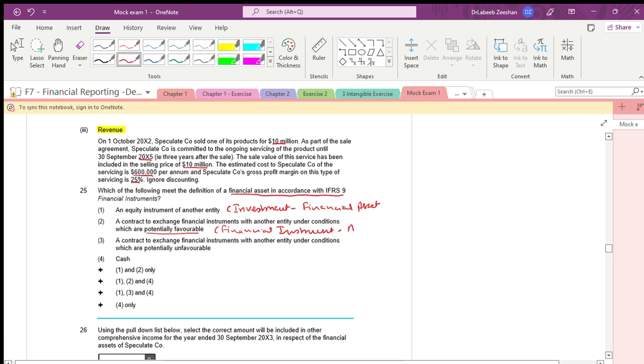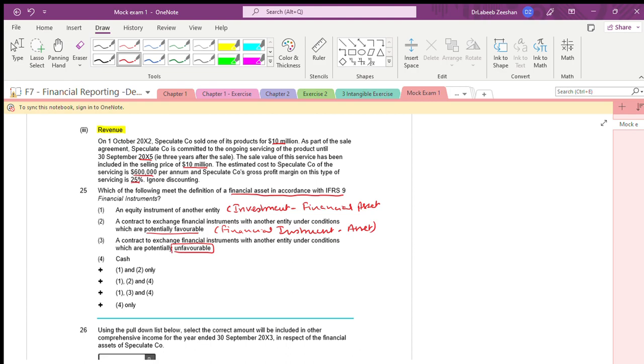Is it an asset? A contract to exchange financial instruments with another entity under conditions which are unfavorable. No, we will never do that on unfavorable conditions.